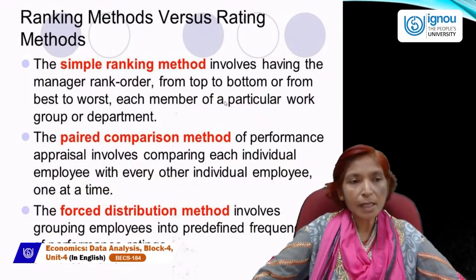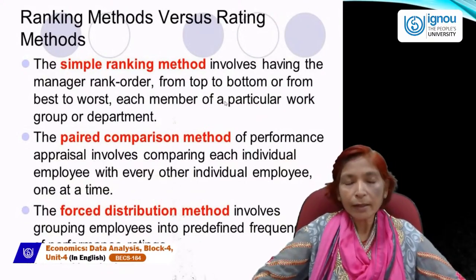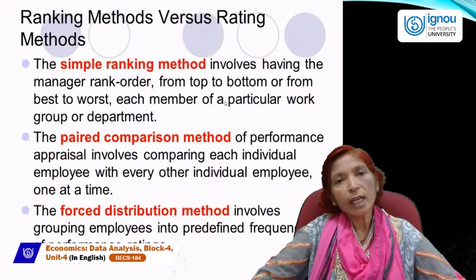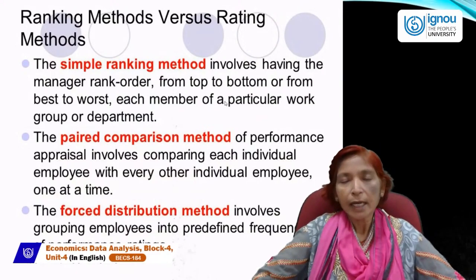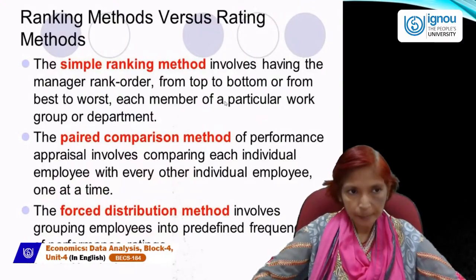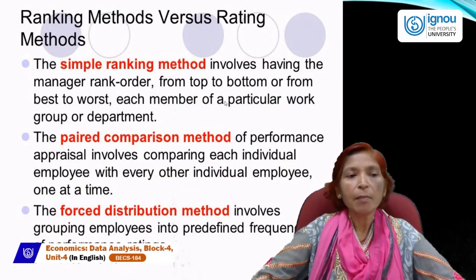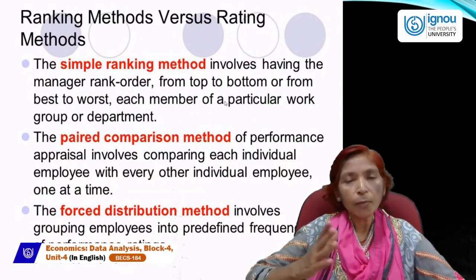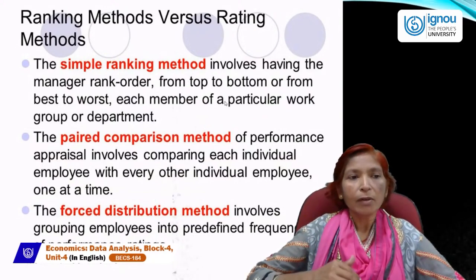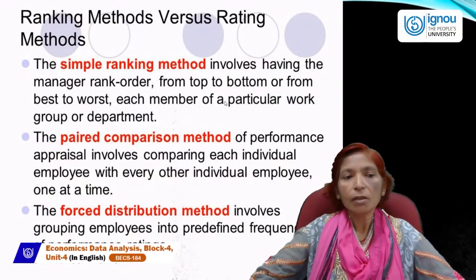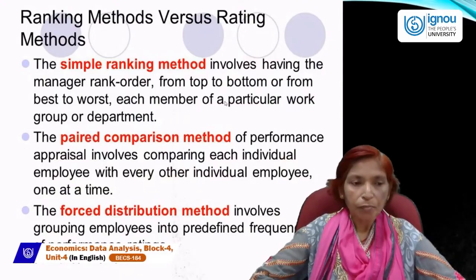So some items are called qualitative, in which we can't estimate accurately, and we can give only ranks according to our preferences. So the simple ranking method involves having the manager rank order from top to bottom, or from best to worst, each member of a particular work group or department.